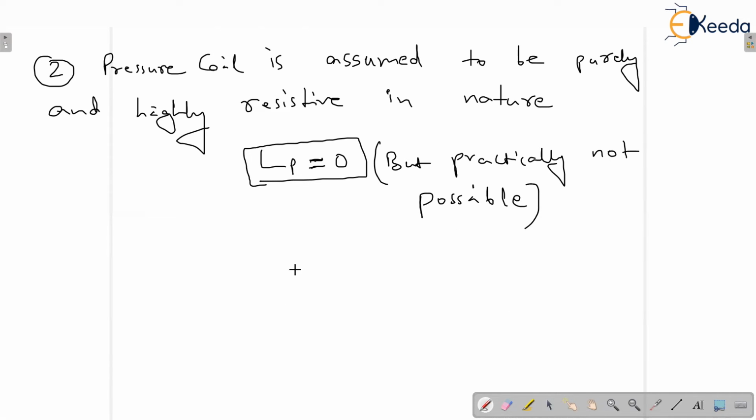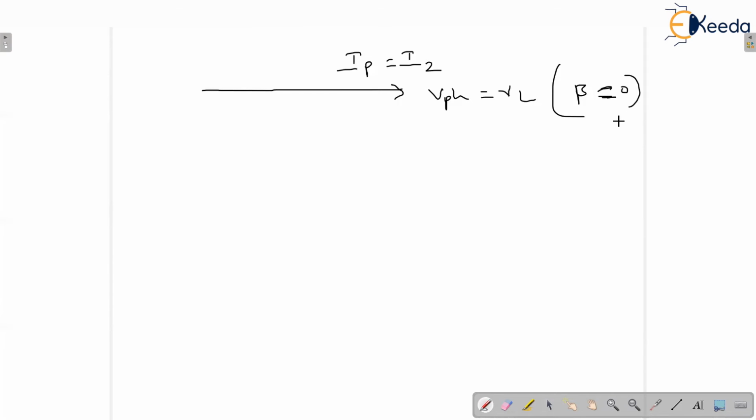So then next, let's have a phasor diagram. When our pressure coil reactance is 0, the pressure coil current is I2, V phase is equal to VL, and beta is equal to 0. What is beta? I will explain. This is phi. And the load current is equal to I. What is phi?